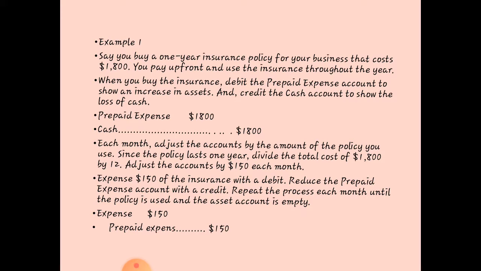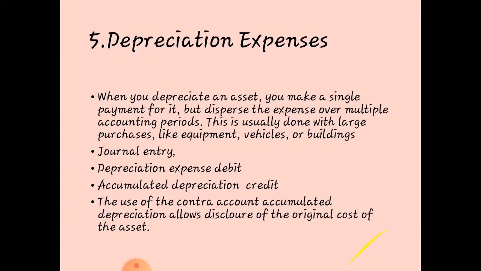Reduce the prepaid expenses account with a credit. Repeat the process each month until the policy is used and the asset account is empty. Expenses is debit and prepaid expenses is credit.